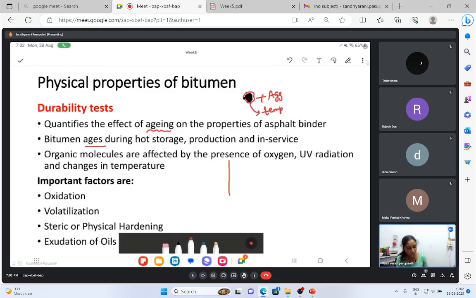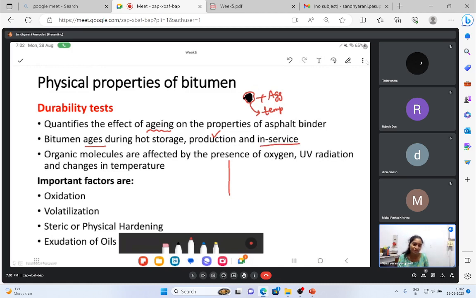Whenever bitumen is subjected to temperature, there is a chance of aging. Let us say I have subjected it to heating, that is the production. So in the production there can be a chance of aging. After producing, I will be laying the pavement, and then vehicles will be allowed. That is nothing but the in-service.